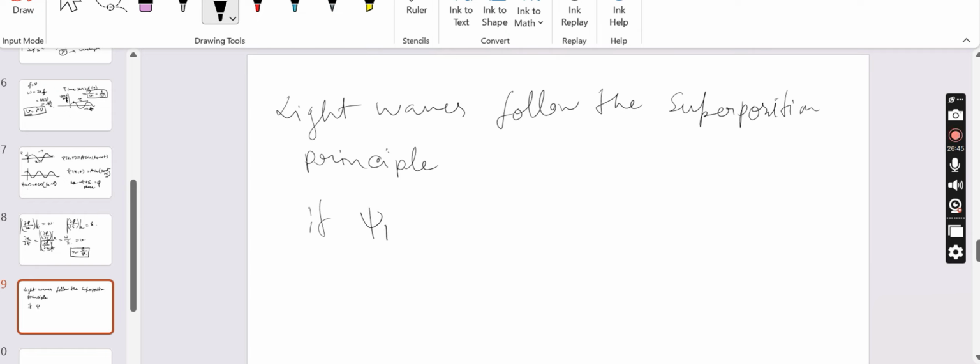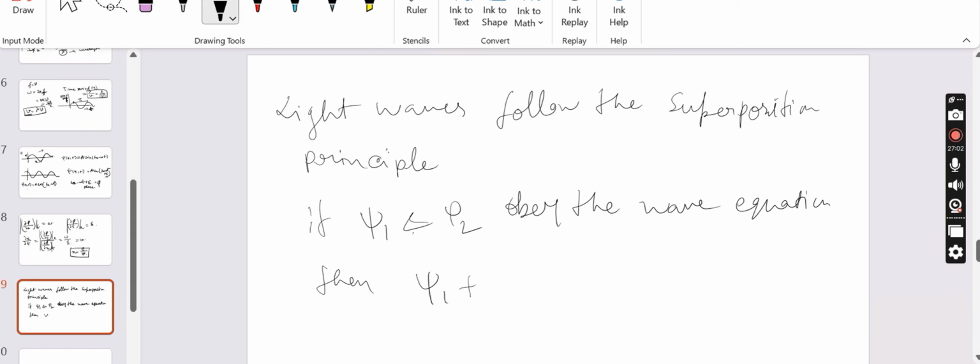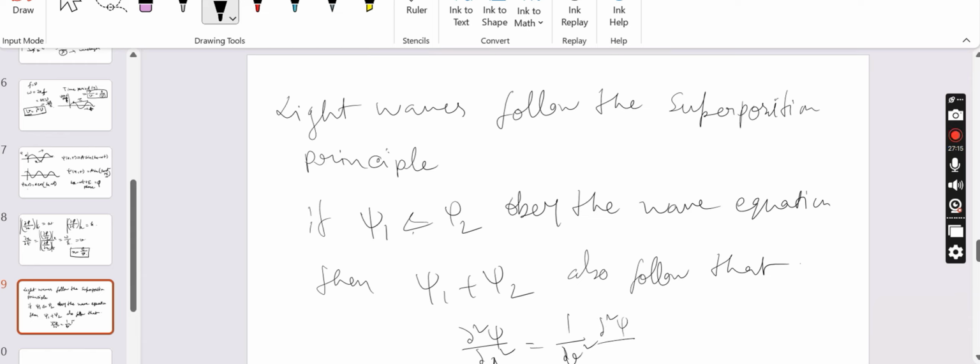So if psi 1 and psi 2 obey the wave equation, then psi 1 plus psi 2 also follows it. And we know the wave equation is this. This is a second order differential equation.